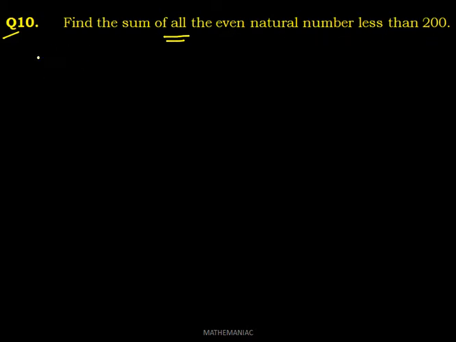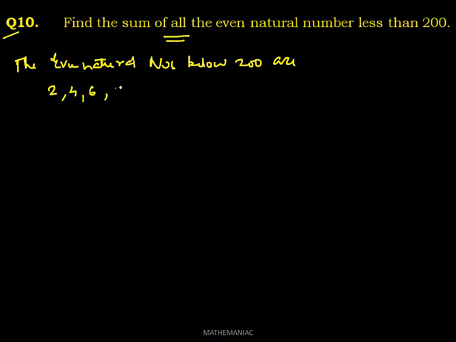So first of all, you note down what are the even natural numbers. The even natural numbers below 200 are 2, 4, 6, 8, like that.